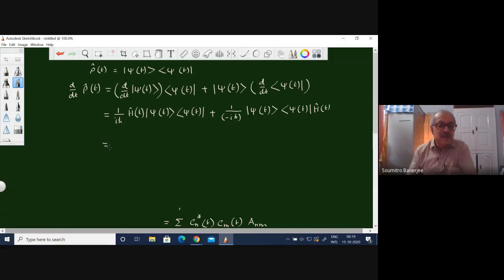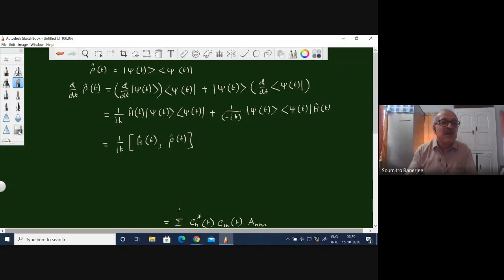So this immediately tells us that this is 1 by i h cross, H rho minus rho H. So it is nothing but the commutator of H and the rho. So this is the Schrodinger equation for rho.